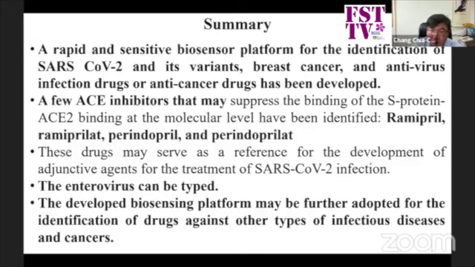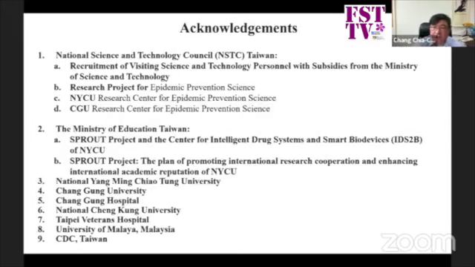This work has had a lot of support, not only from the National Science and Technology Council, but also from the Ministry of Education Taiwan, and from teams supported by National Yang Ming Chiao Tung University, Chang Gung University, Chang Gung Hospital, National Cheng Kung University, Taipei Veterans General Hospital, the University of Malaya, and the CDC Taiwan.